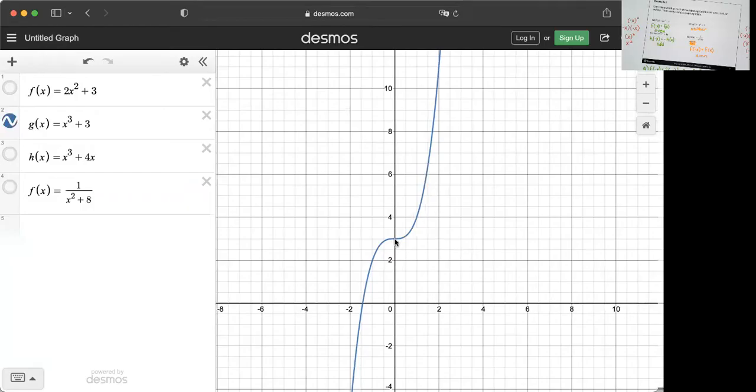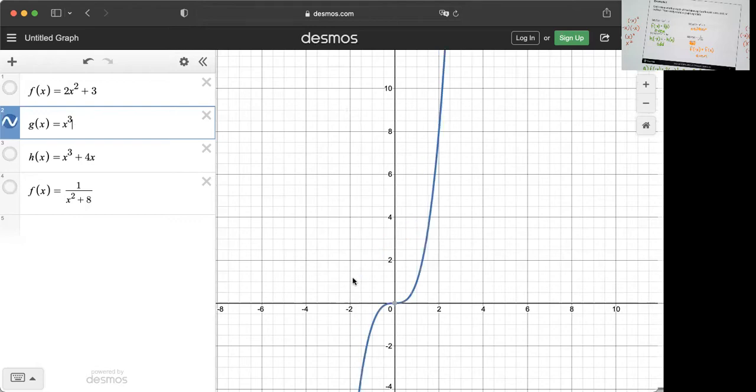Or it looks like it is symmetric according to the origin, but it's because of this 3 that it isn't. So if we took away the 3 and just put it at 0, that would be a mirror. But because it's way up here, if I flip it around, instead of crossing at +3, it'll cross at -3. So that's not mirrored along the origin. It does not look the same right side up as upside down.